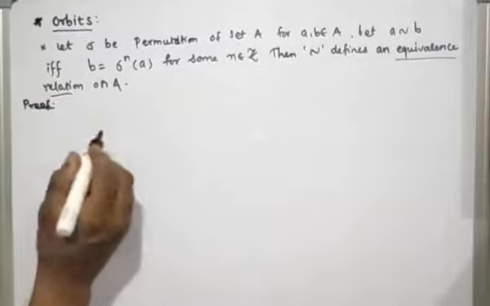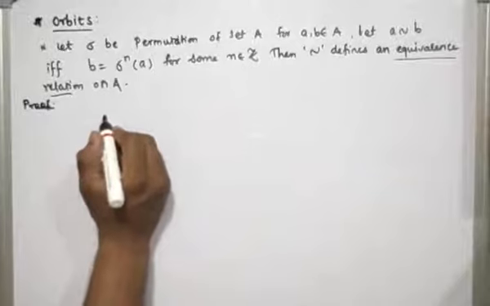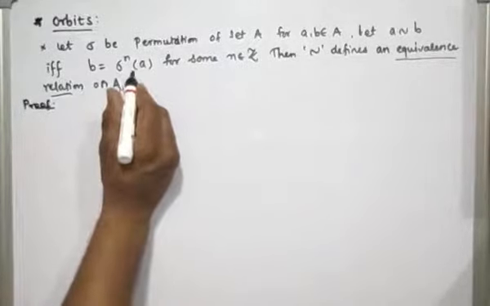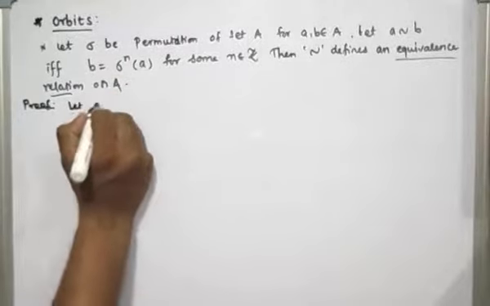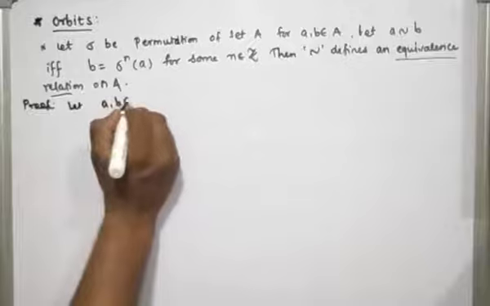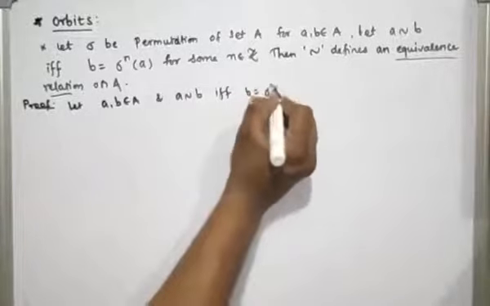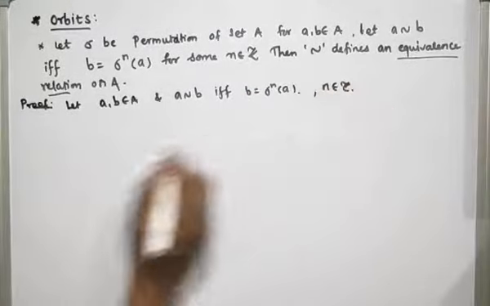What we have given here: a, b belong to A, and a is equivalent to b if and only if b is equal to sigma raised to n of a, for some n belonging to the set of integers.